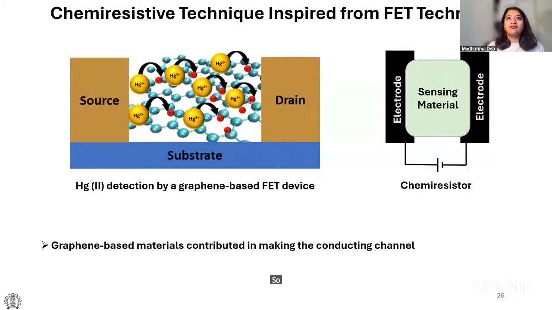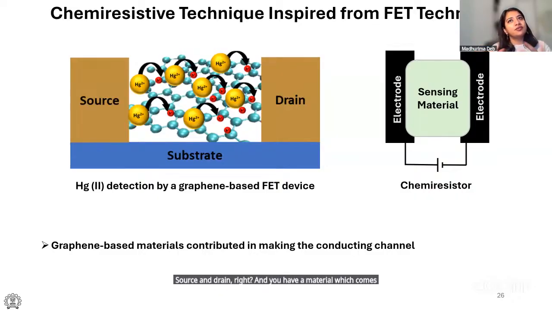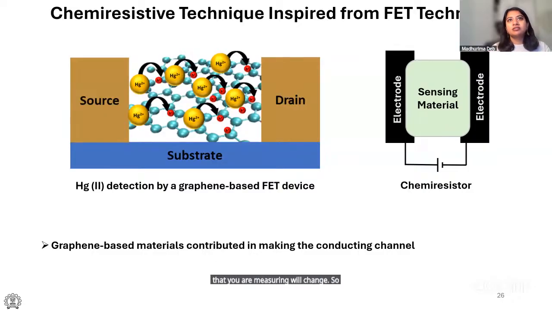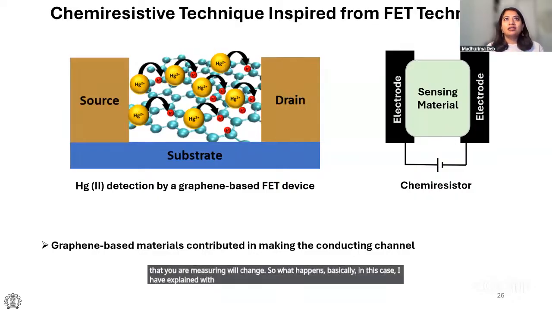In an FET based device, you have a source, drain, and gate, but mainly you have the channel between source and drain. You have a material which comes in contact with the analyte, and when it does, the current or the voltage that you are measuring will change. I have explained this with mercury ions.